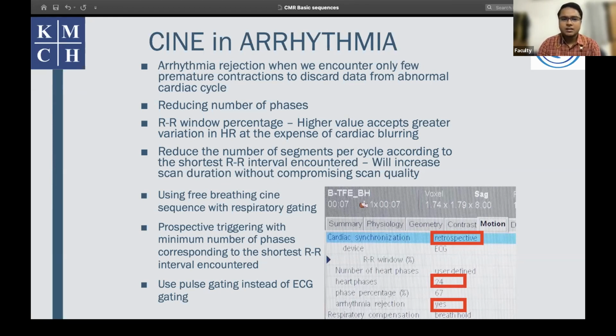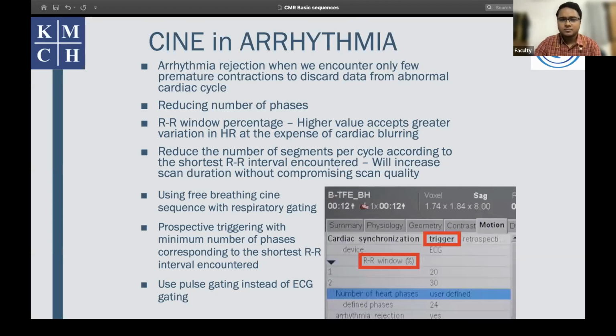So the third is RR window percentage. This is nothing but the percentage of RR window variation that is acceptable from beat to beat. Suppose the RR window percentage here is kept at 20 to 30.